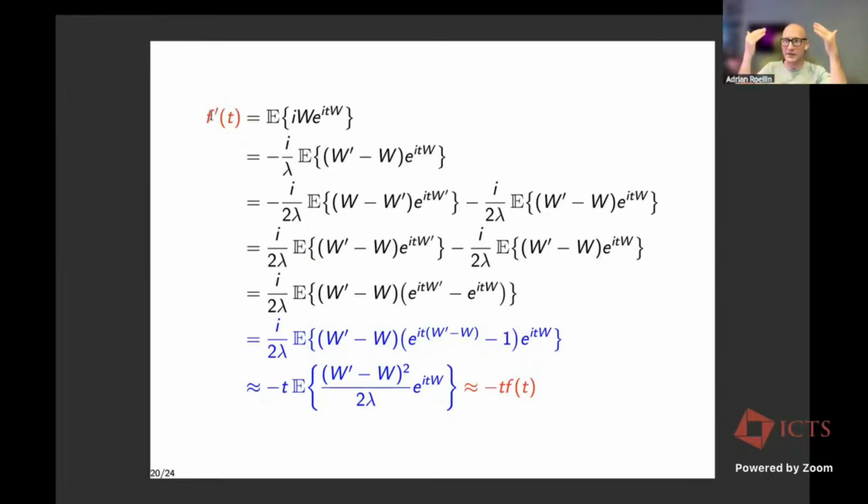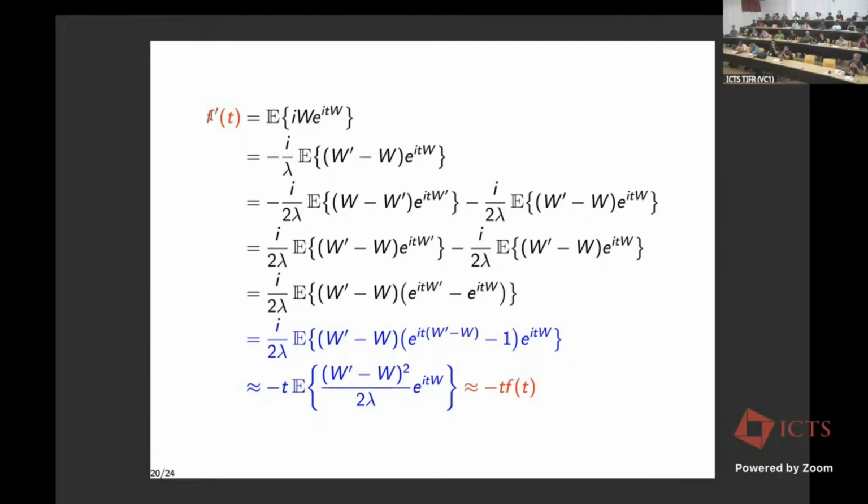If you want to identify where the integration by parts is in here, I don't really know. What I know is that these calculations give this approximate ODE. I would have to think carefully about where exactly we can find the integration by parts formula in here. And Adrian, what matters here is that you do not use the form of W, right?